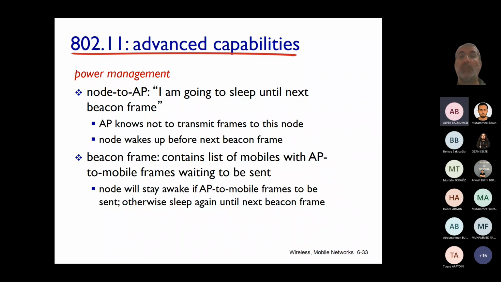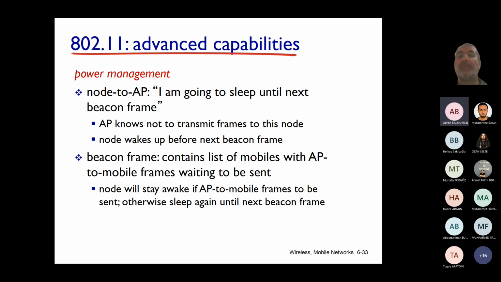So first of all, node to AP: if a node is not going to transmit any packet, it tells the access point, hey, I am going to sleep until the next beacon frame. By this, the access point knows not to transmit frames to this specific node. But the node is going to wake up before the next beacon frame. So it sleeps within one beacon frame.